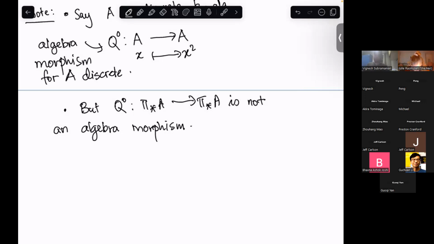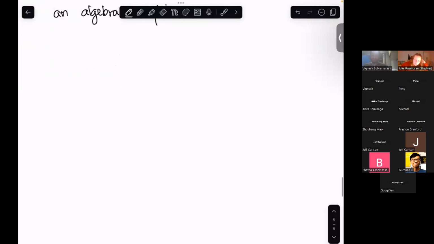So it's not even a map of algebras. So in particular, there is no spectrum level or commutative algebra level map of Q0 that you can find. I mean, there is a spectrum level map, which we'll talk about later, but there is no commutative algebra map that you can lift Q0 to for some E-infinity algebras over K.